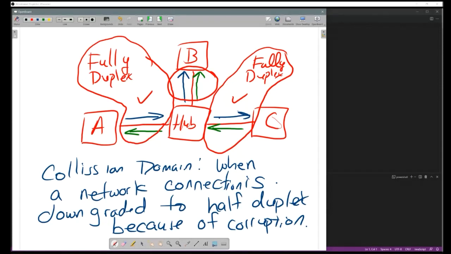Because I can send and receive at the same time. It does not, however, let you send two signals at the same time. So it's not able to support two signals at the same time. These two signals are going to mix together and then it gets corrupted.